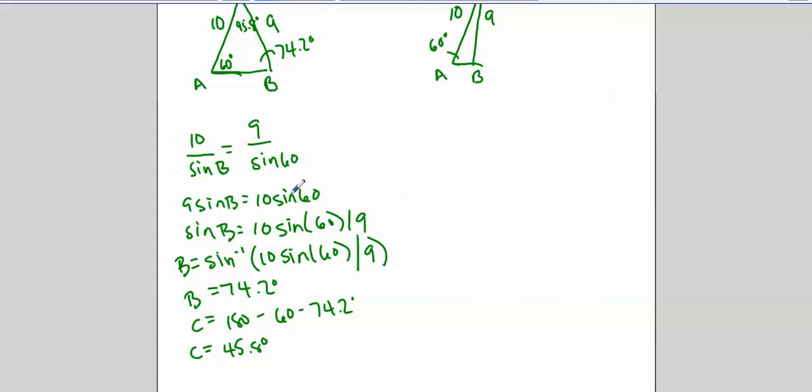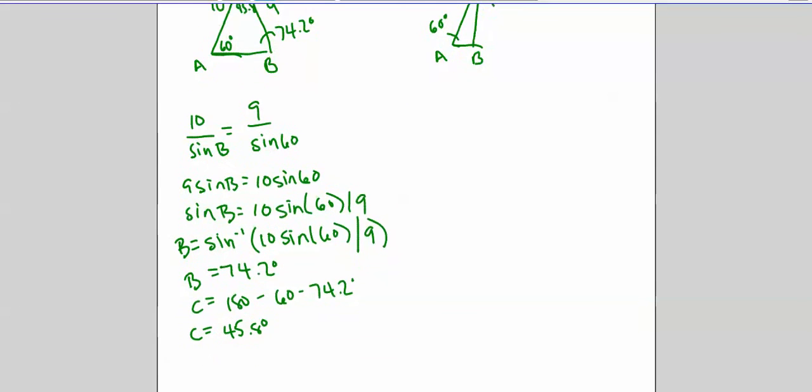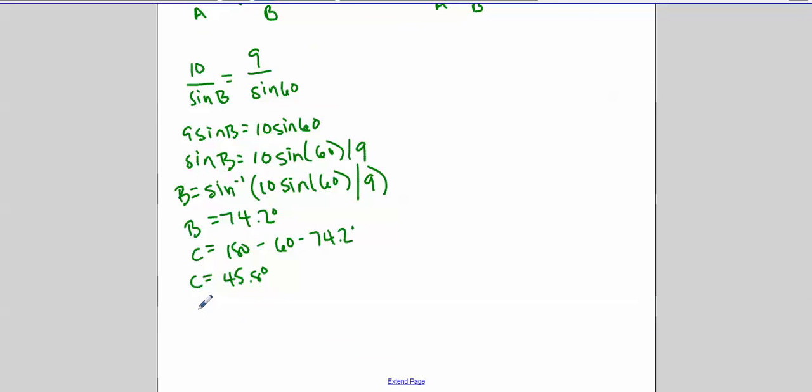45.8 degrees. So then we have to find side C, so we're going to do side C over sine 45.8 degrees is equal to 9 over sine 60.